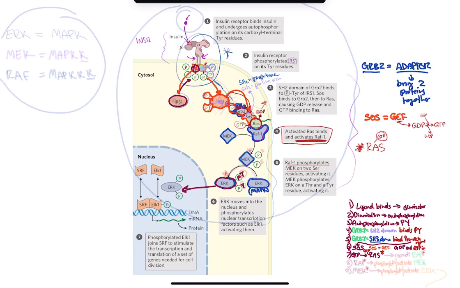Active RAS recruits RAF and activates it. And we talked about how it's going to bring 2 RAFs together, and similarly to the receptor, the RAFs are going to dimerize, right?